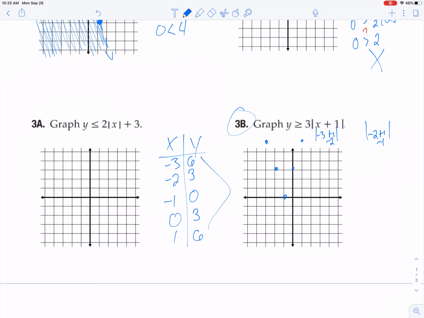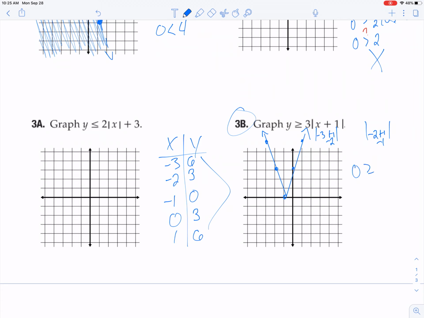Up like that. And extra ink, it does look like this time I get to do a solid line. A little off my points, but it's hard to do that with technology. And now I'm going to decide which way it shades. So again, does it go through 0, 0? No? Great. Plug that in.